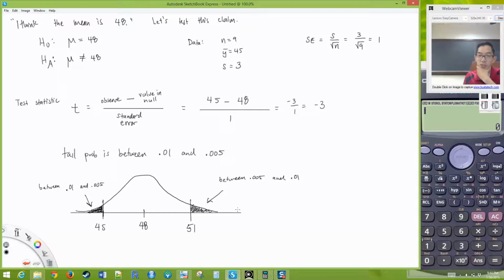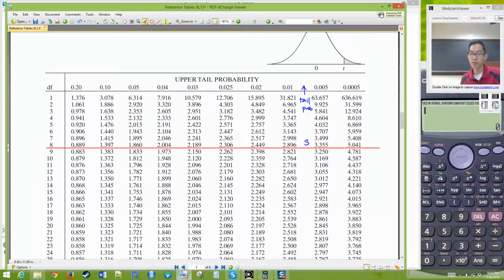You said it doubles? Yeah, so if you look at my picture here, from this t-table, we know that 3 is between here and here, so my tail probability is going to be between 0.01 and 0.005.